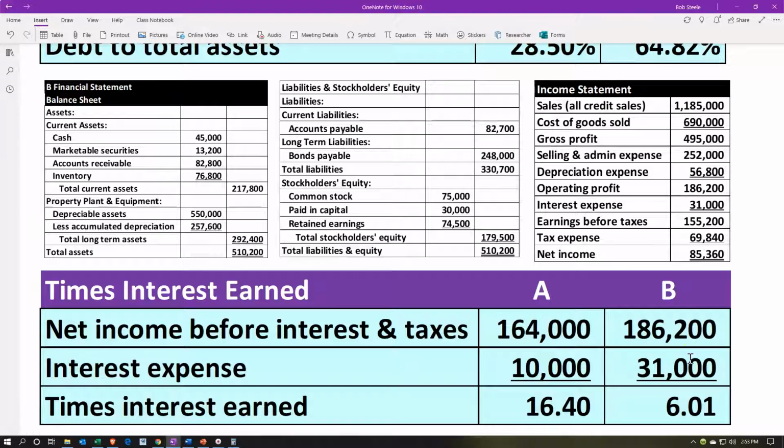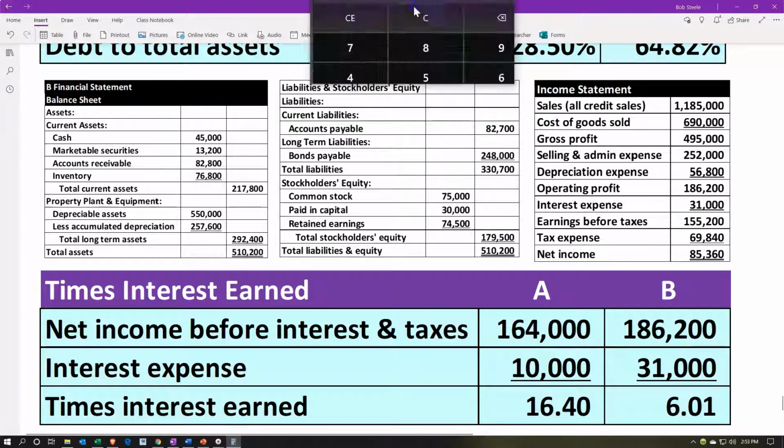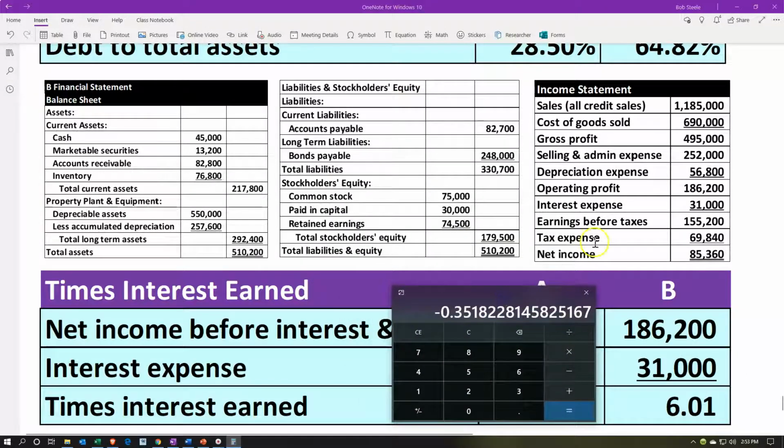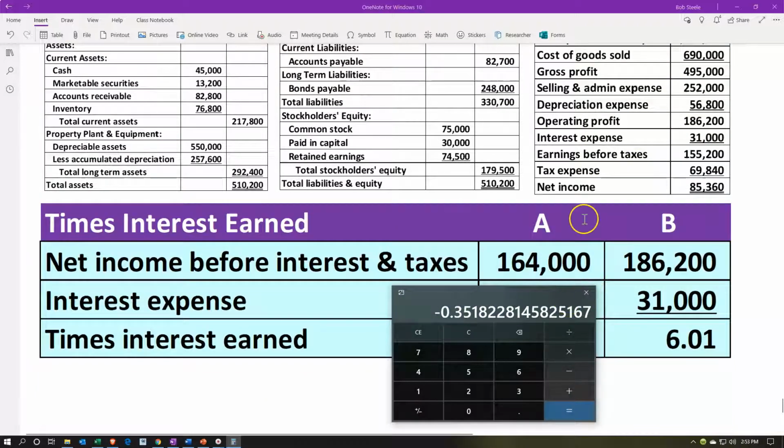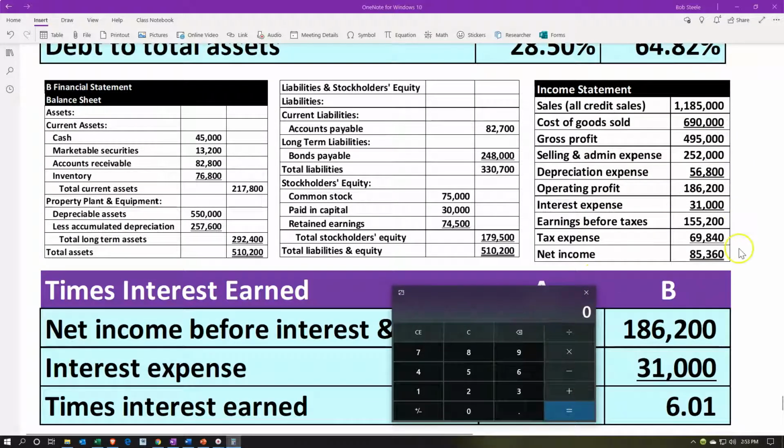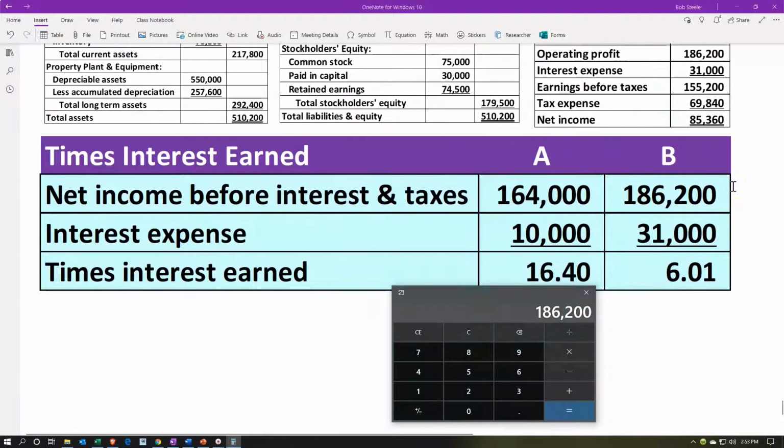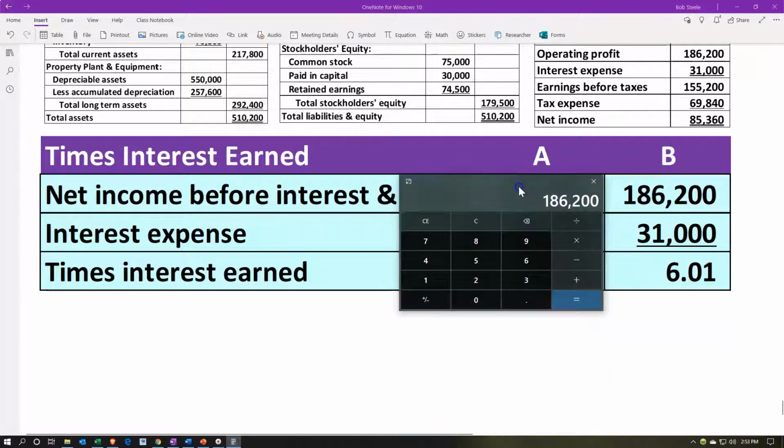But it's useful to understand that it may not always be operating profit. It just happens to be so in this case due to the multi-step income statement that we have. So we're going to have the 85,360 plus the taxes of 69,840, adding those back in, adding the interest back in of the 31,000, and that's going to give us the 186,200, which is equal to the operating profit in this particular statement. And then we're going to compare that to the interest, which is 31,000 that we're paying.